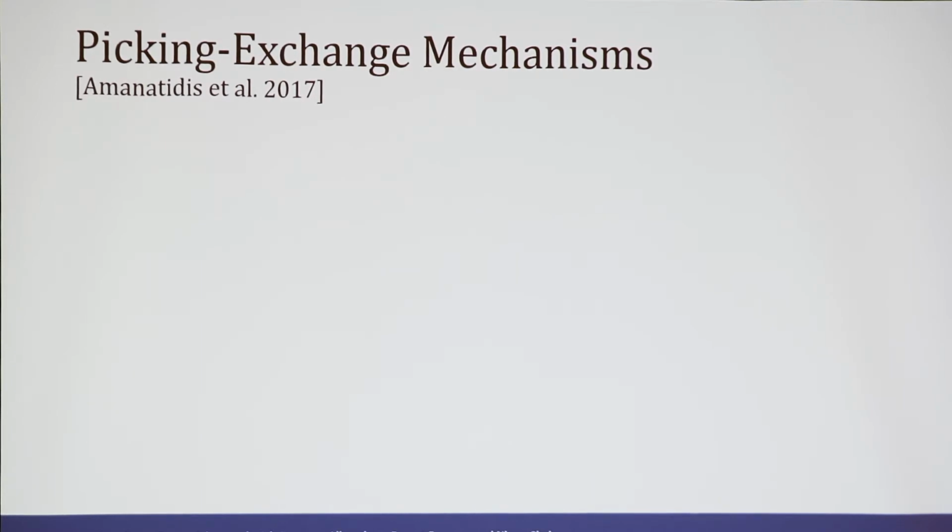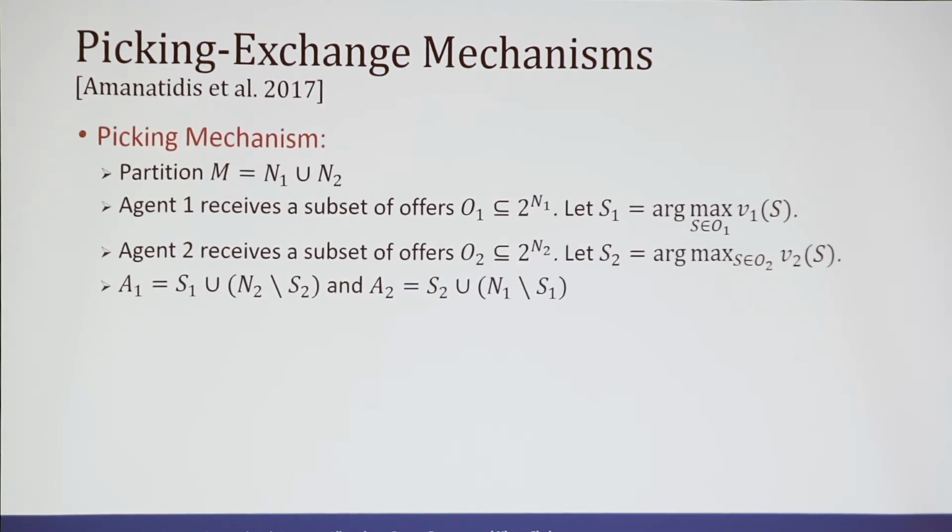All right, so I'm going to work towards a characterization of strategy proof mechanisms for n equals 2. And they're going to be called picking exchange mechanisms. It's going to be a combination of picking mechanisms and exchange mechanisms. So let me start by defining what a picking mechanism is. What a picking mechanism does is it first partitions the set of goods into two subsets, N1 and N2.